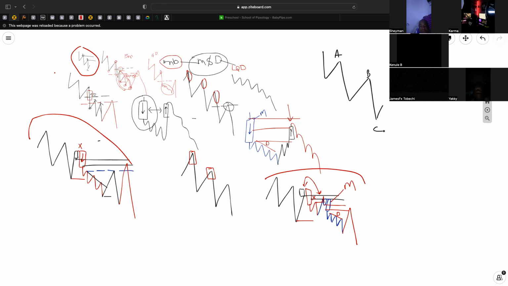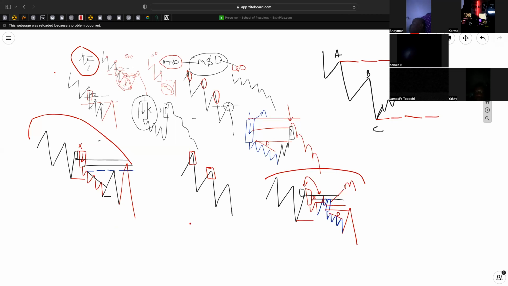Now, seeing this ABC, what does this tell me? Let's say this is where price is right now. This tells me that this is my trading range. I'm not going to be wasting our time much today. This is my trading range 1.